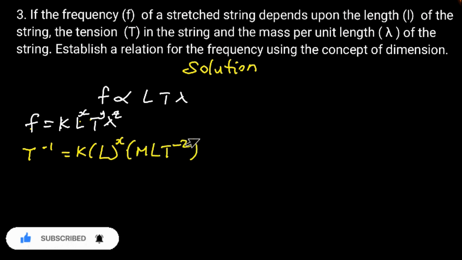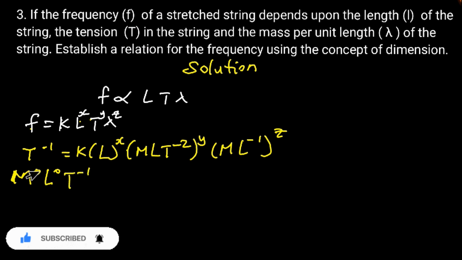So all raised to the power of y, then multiplied by lambda, which was defined as the mass per unit length, which is mass over length, or mass multiplied by L raised to the power negative 1, then all raised to the power z. So this T raised to the power negative 1 can also be written as M raised to the power 0, then L raised to the power 0, and then T raised to the power negative 1.